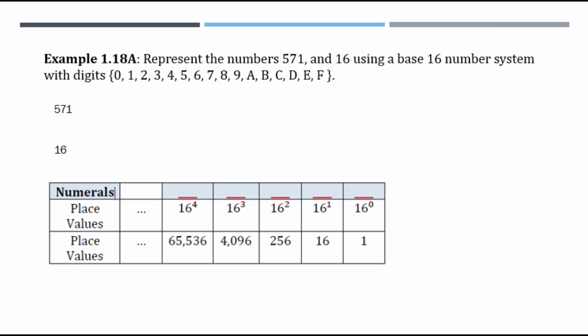Okay, so we're going to do 571 in base 10 converted to base 16. This is a lot like simple division, but I'm doing it a little differently, but it's really simple. So I'm going to look for, is there any of these in 571?